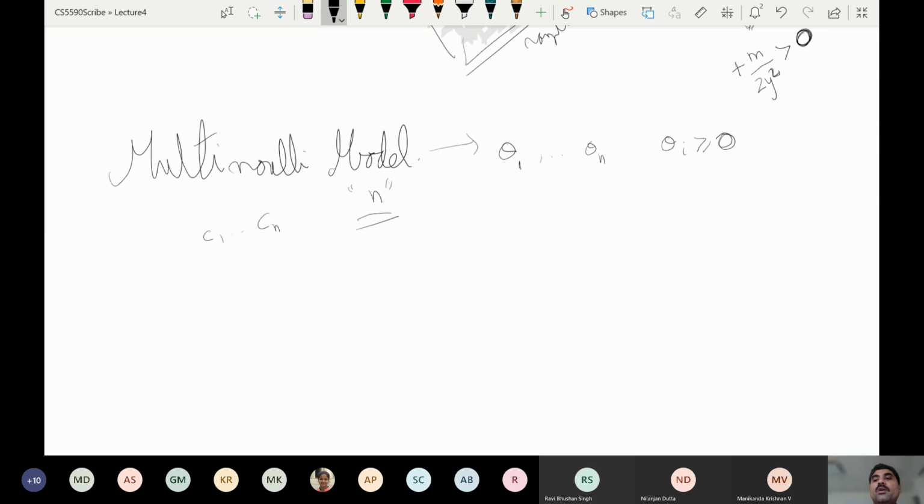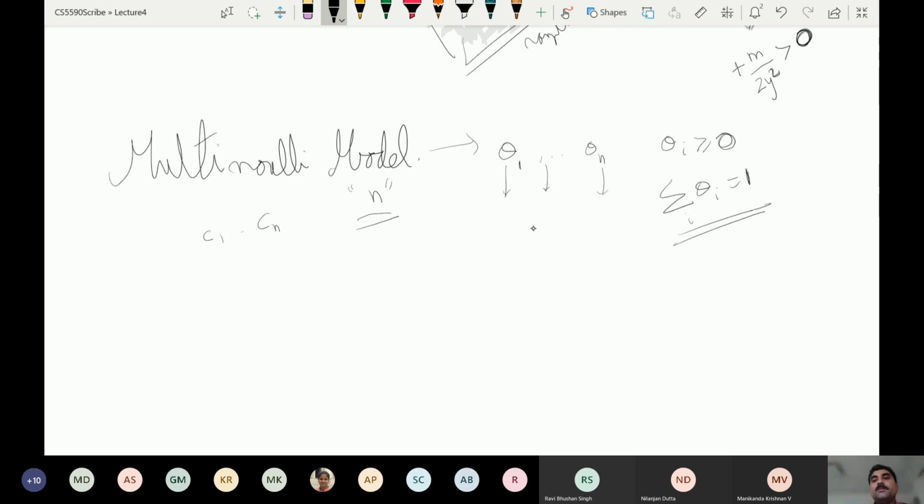So they all will be greater than 0 and they'll add up to 1. In case of die throwing, this will be the probability of rolling a 1, this will be the probability of rolling a 2, and this will be the probability of rolling a 6. All these should be numbers greater than 0 and should add up to 1, right?